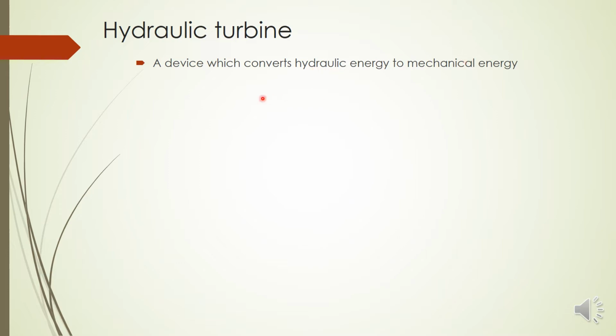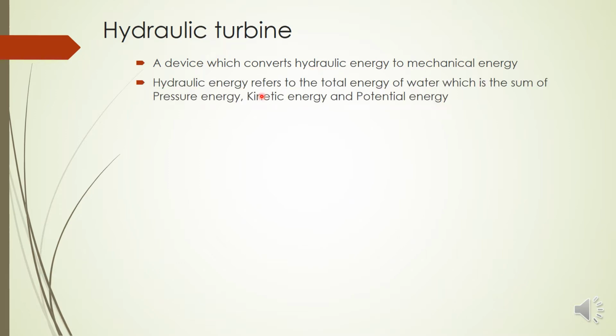It converts hydraulic energy to mechanical energy. And what is hydraulic energy? Already you know that. It is the total energy of water, which is the sum of pressure energy, kinetic energy and potential energy. And what is mechanical energy? That also you know. Mechanical energy means a rotation, or work, which we call continuous rotation of a shaft. So that means by receiving the hydraulic power of water, the turbine will continuously rotate.